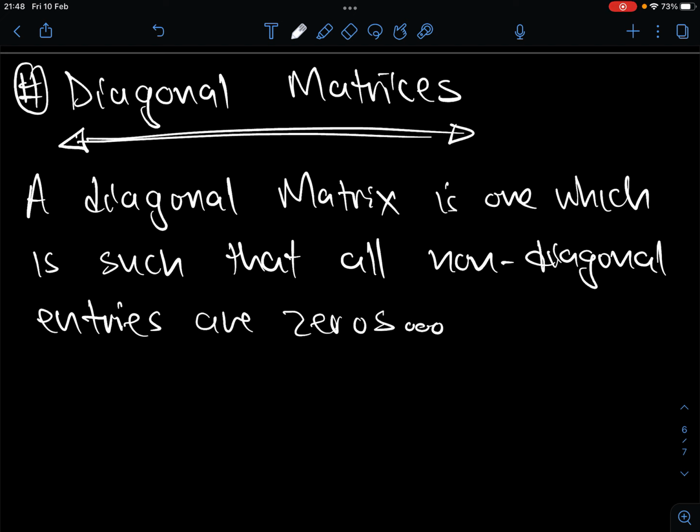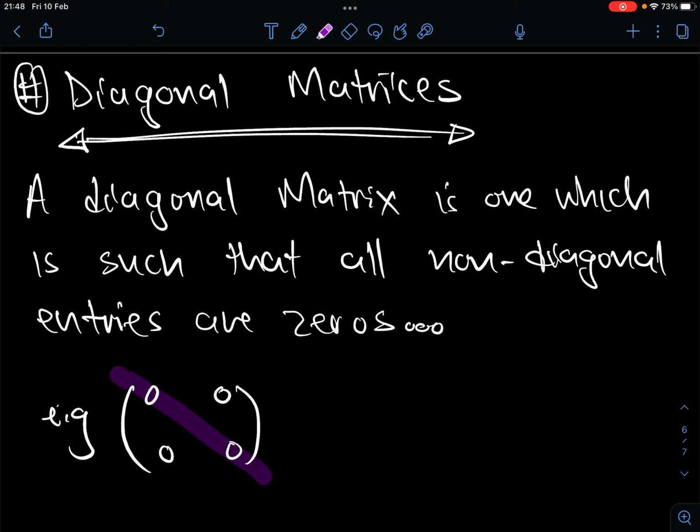So these are matrices in which all elements that do not reside on the diagonal are zeros. An example of such a matrix is 0, 0, 0, 0. This is a diagonal matrix as well, because if I ask the question, are all non-diagonal elements zeros? Yes, that's true. We don't care what is happening on the diagonal.